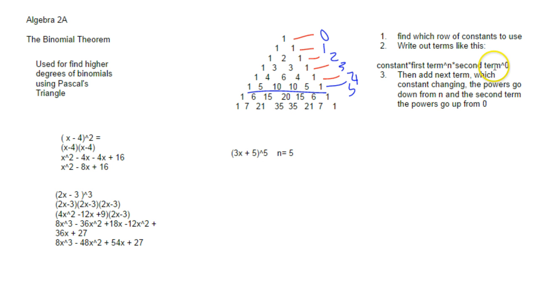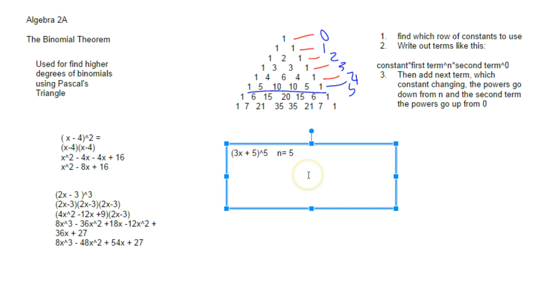And then times the second term raised to the 0th power. My constants, I'm going to start with the 1. So it's going to be 1 times parentheses 3x to the 5th power times parentheses 5 to the 0th power. And then we're going to add.